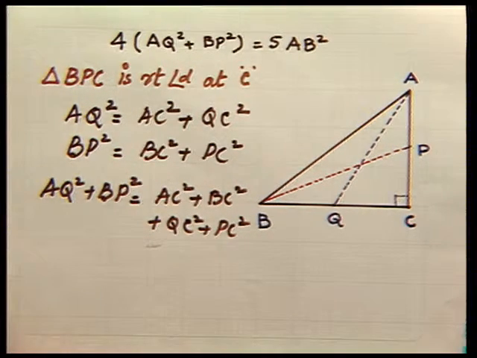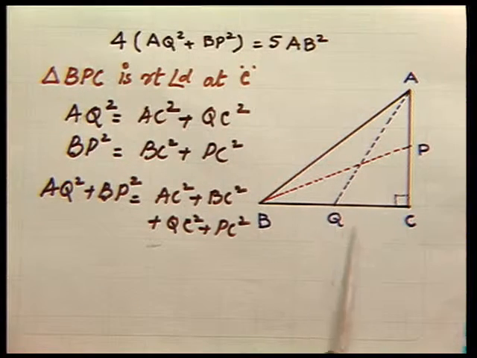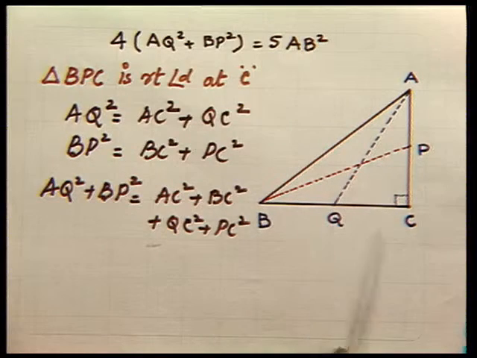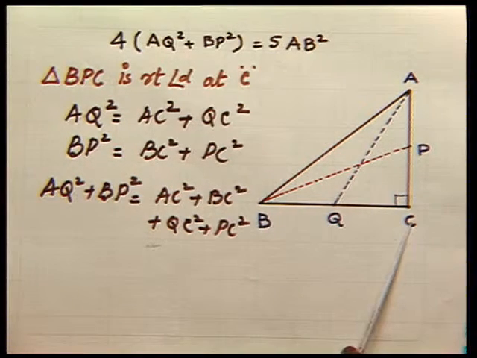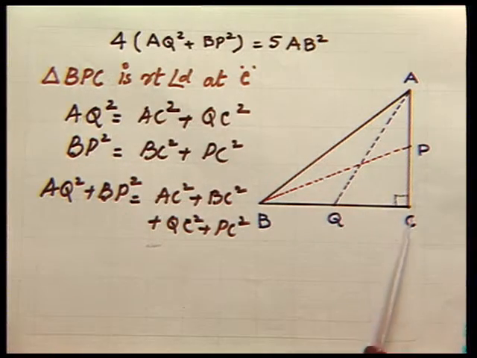Now, remember here the condition was that Q is the midpoint of BC. So, this QC can be replaced by BC upon 2, and P is the midpoint of AC. So, PC can be replaced by half of AC.